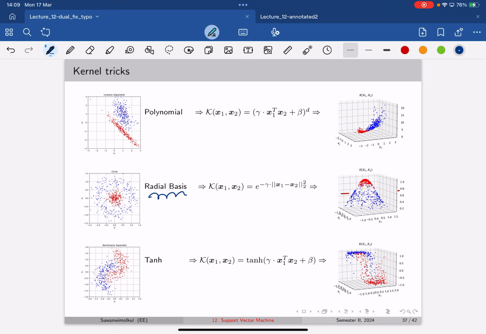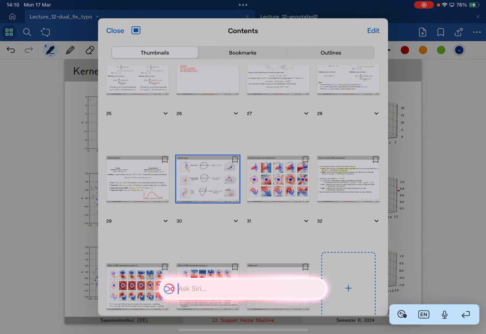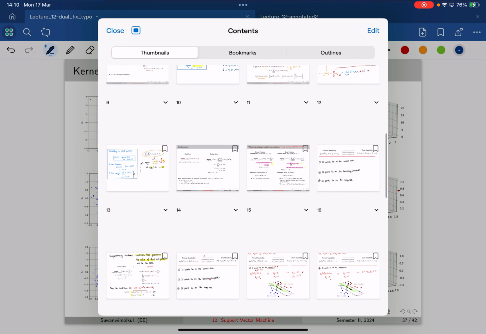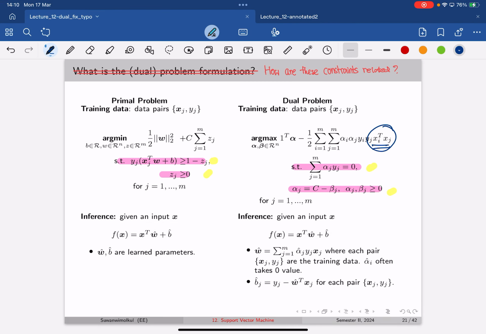Also, you can replace that with some radial basis function, or you can change it to the hyperbolic tan function. All of these can be substituted into this term in your dual form.